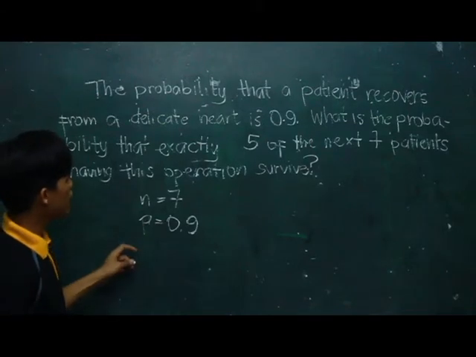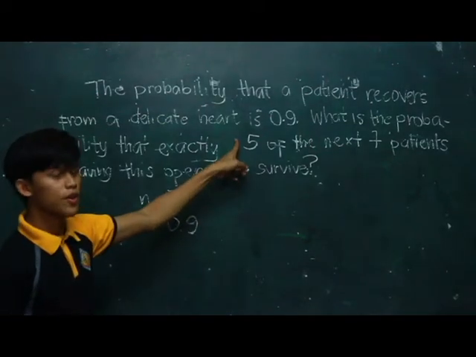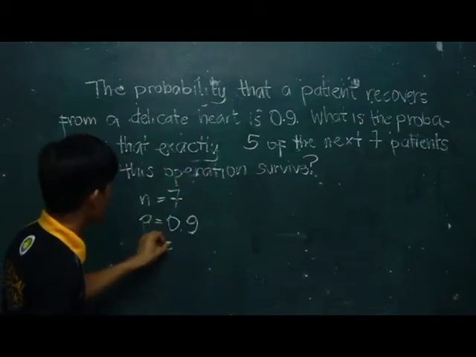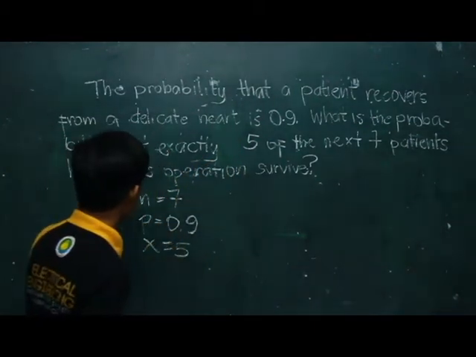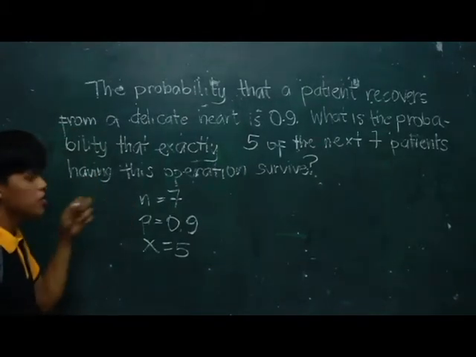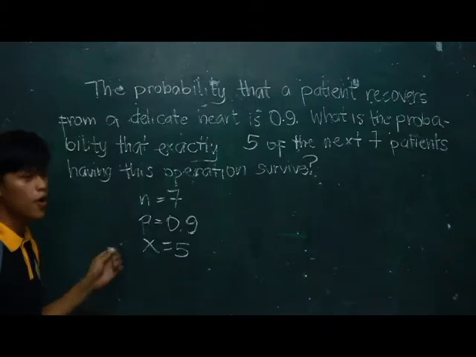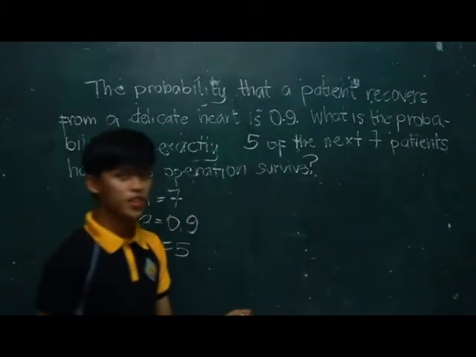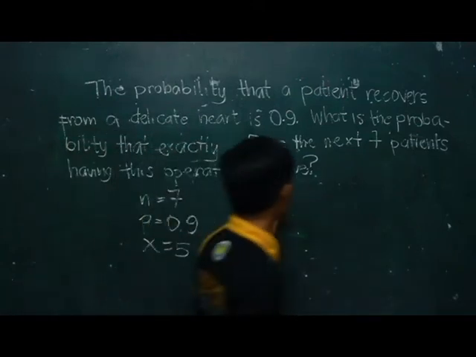Then we also have here the 5. The 5 here will be the random variable. So we have the n, we also have the p, we also have the x. So we can now solve for our probability using the formula.